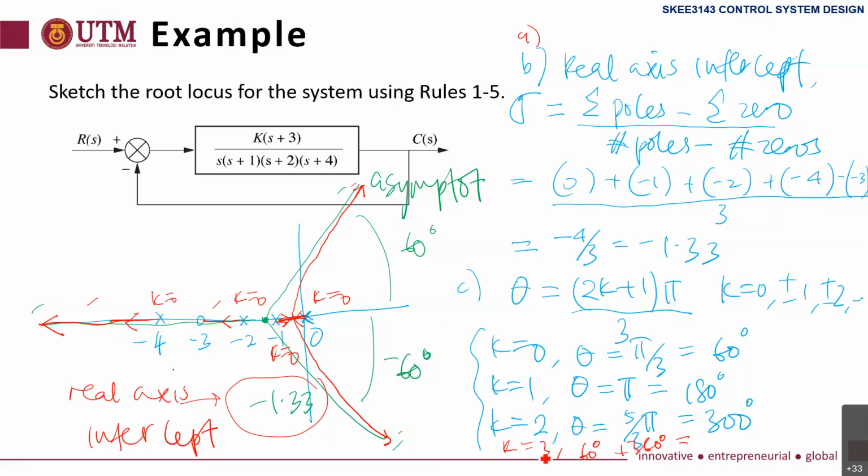If you use K equal to 4, you get 180 degrees plus 360 degrees. Any K, how many K you use, not a problem, but you can see it will rotate to the same point. Once you find that it gets to the same point, then you can stop. You can use negative also, the same answer. But as I mentioned, we have 3 asymptotes, then you actually need 3 different angles.